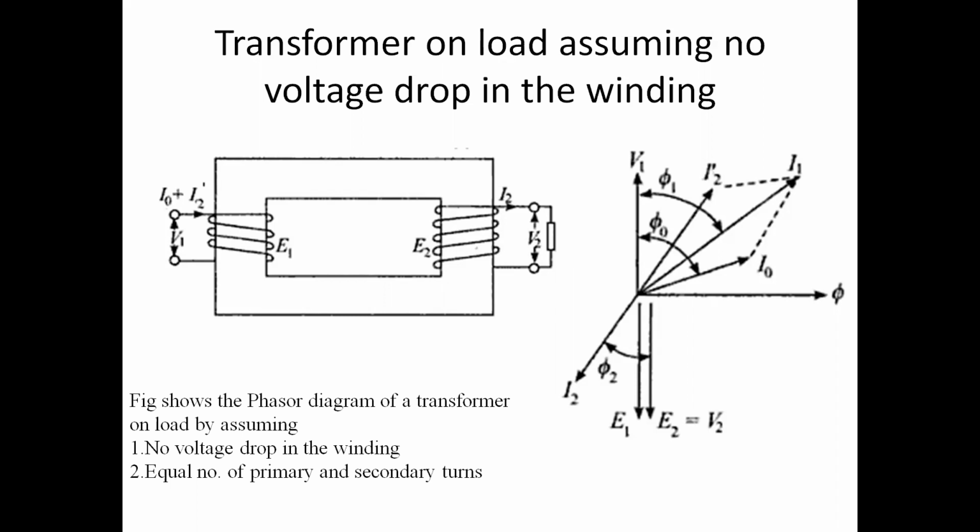If E1 is greater than E2, then E1 is a big, large phasor. Here we take the same number of turns, that's why E1 equals E2 also.